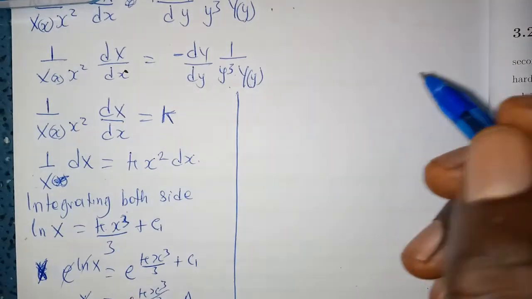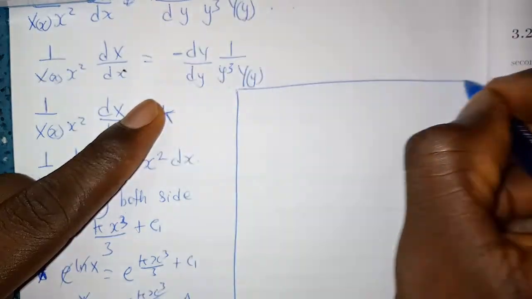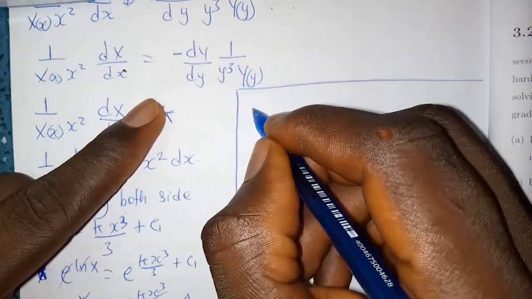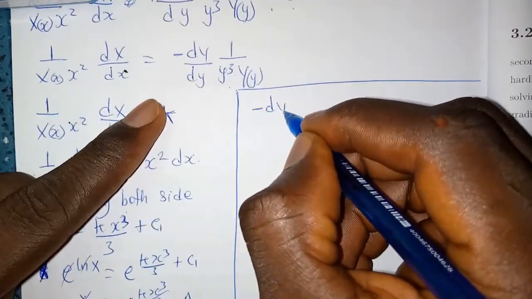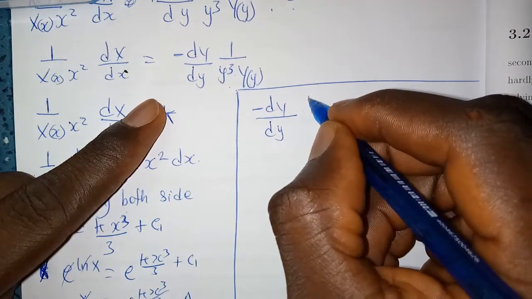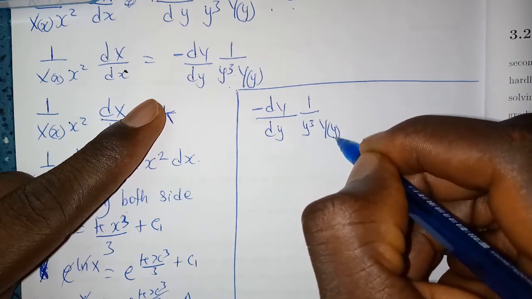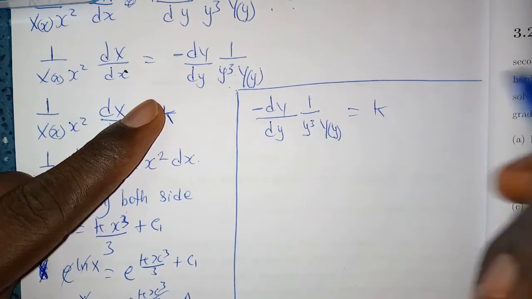So solving on the other side, we have negative dY, 1 over y cubed equals to k.